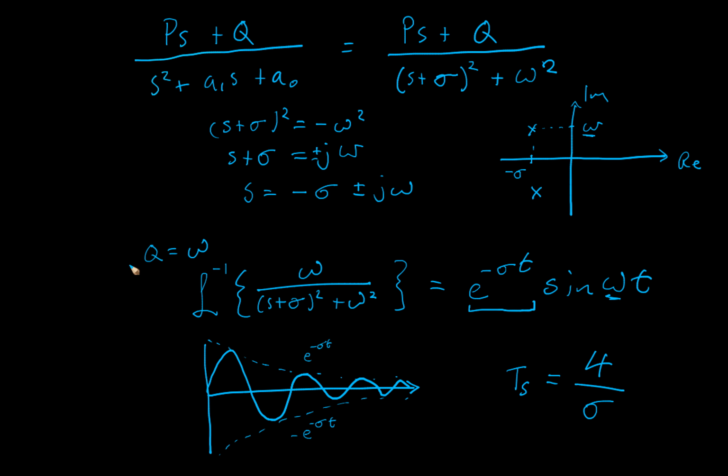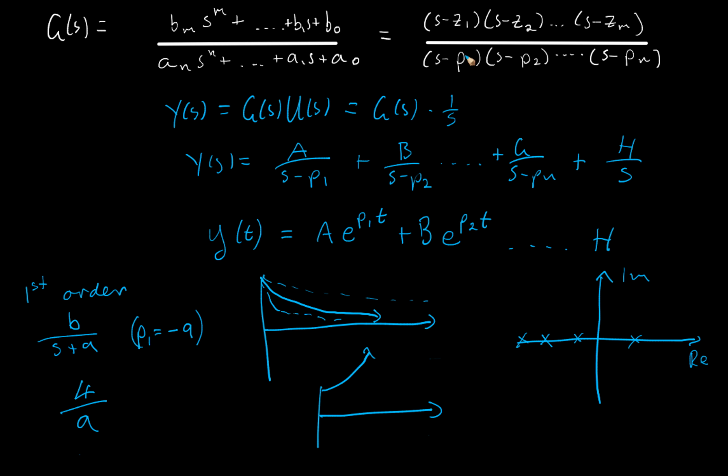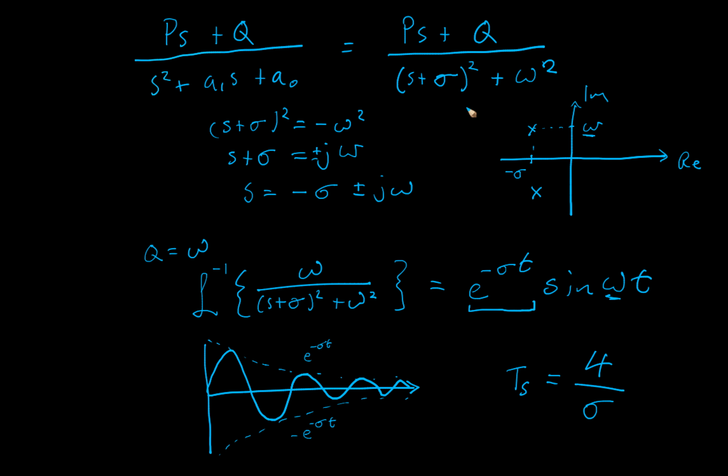We can expand out our system response. We've got a partial fraction expansion in terms of first order terms, and we get these real decaying exponentials, and then second order terms, and for each one, with either the q, we get the sine wave component, or the p, we get the cosine component. But either way, it's really the sigma and the omega that tell us.